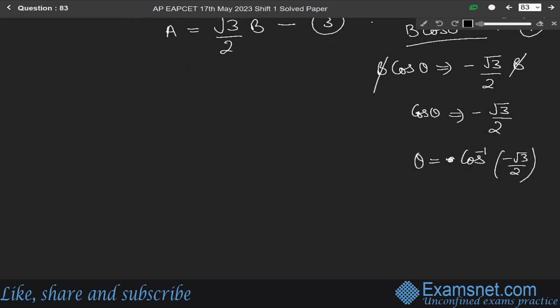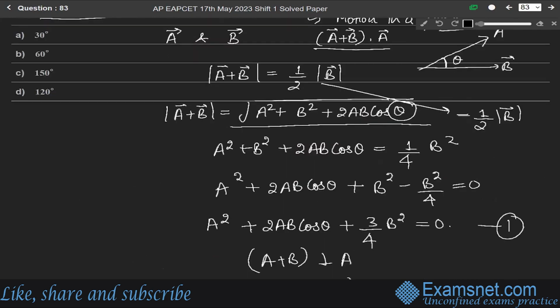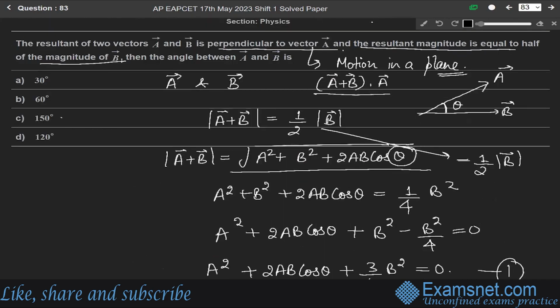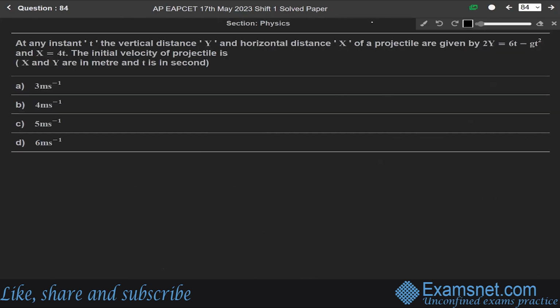Solving it, we get theta equals 150 degrees. So this is our final answer. The angle between the given two vectors A and B is 150 degrees, which means option C is the correct answer.